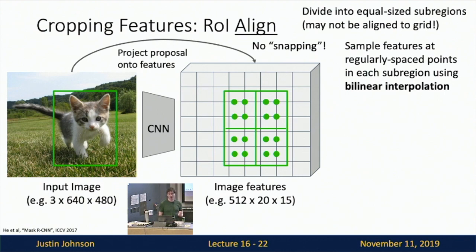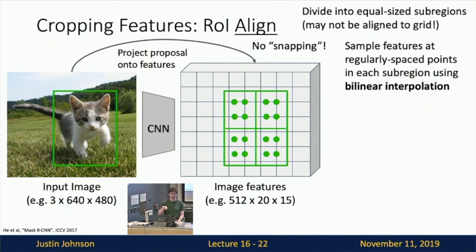We're going to make everything continuous, with no snapping anywhere inside the operation. Just as before, we take our original input region proposal and project it onto the grid of features. Now, rather than doing any snapping, we're going to sample a fixed number of positions inside.